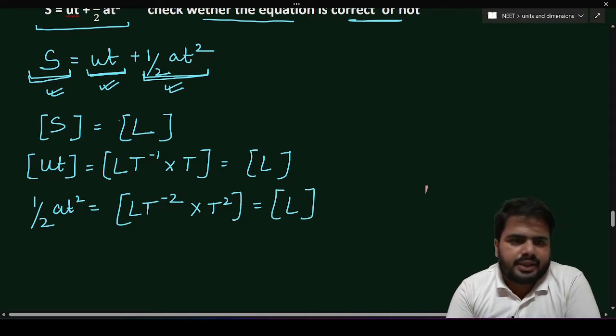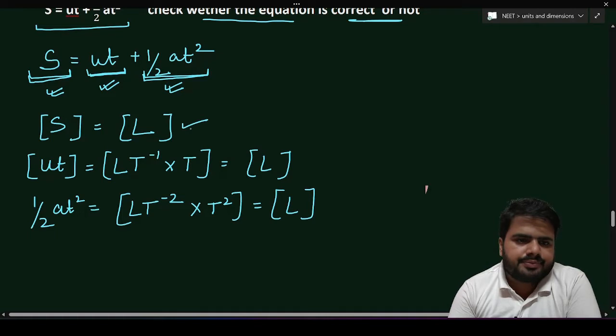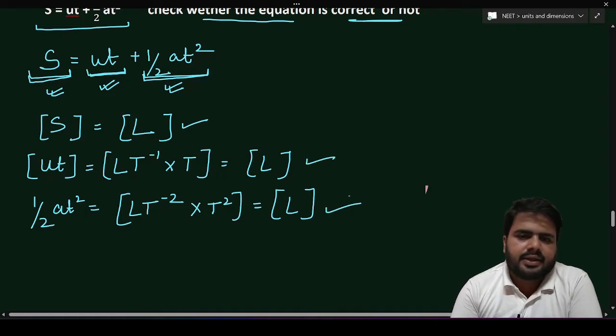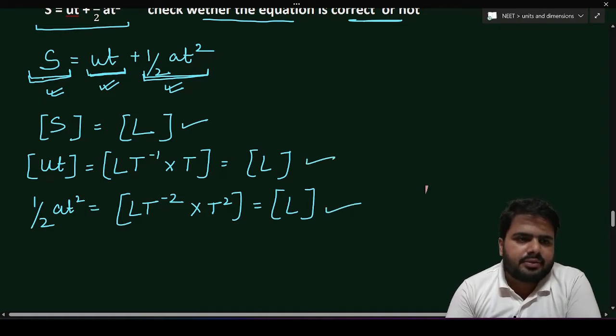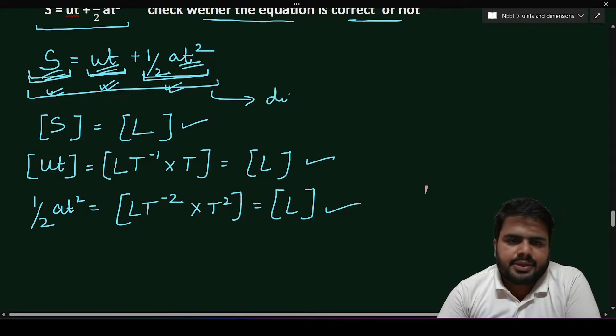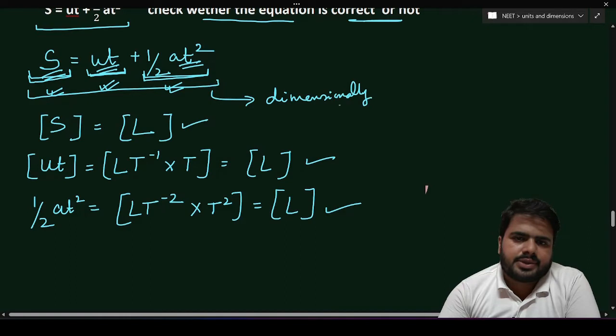So you can see here that l, l and l, these three quantities s and ut and half at square, they all have the same dimension, that is l only. That means the given equation is correct, but we have to write that the given equation is correct dimensionally. Okay, the given equation is correct dimensionally.